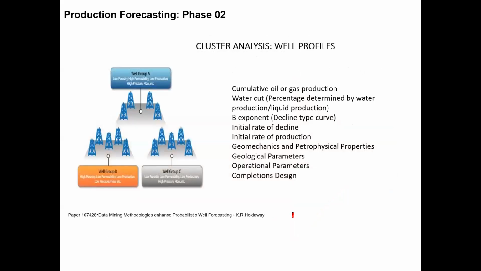Again, this came out of several customers that we started primarily with Saudi Aramco several years ago, but we've repeated this before, is that clustering is important because, like I keep mentioning, if you can cluster wells with similar characteristics based off of, in this case, these are some of the variables we use to do the cluster analysis, and it's an unsupervised technique, we can then identify all the well group A that have low porosity, high permeability, low production, high pressure, et cetera, and so you can define them as good wells, bad wells, and then you can put those on your base map across your geologic model and see where these wells are actually located, because all the good wells may not be in one part of your field or one part of your reservoir.